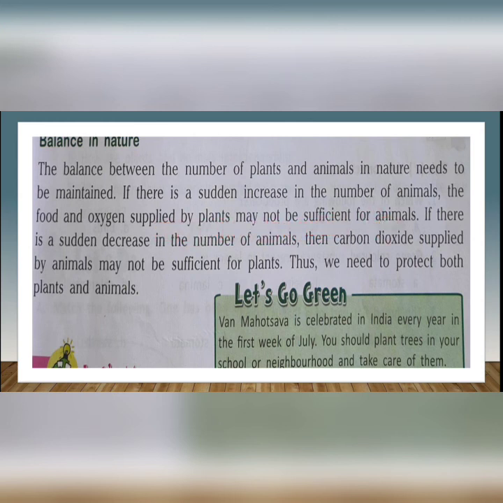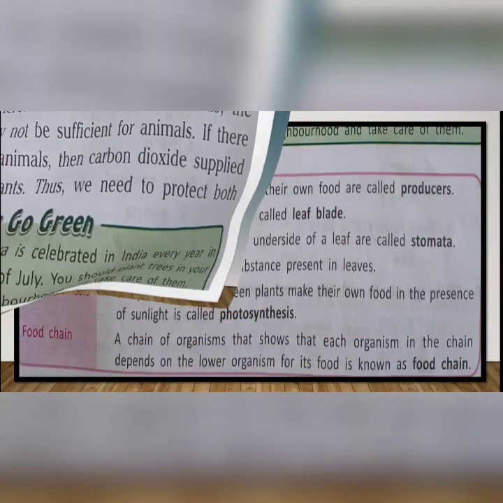And if there is a sudden decrease in the number of animals, then carbon dioxide supplied by animals may not be sufficient for plants. Thus, we need to protect both plants and animals, otherwise balance will not be there in nature. So these are the main points of this chapter.